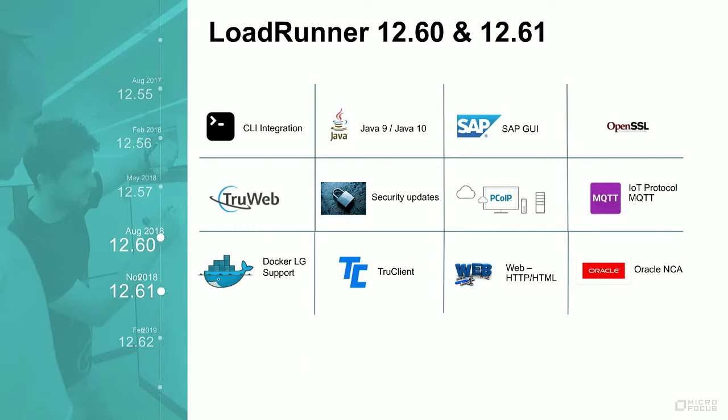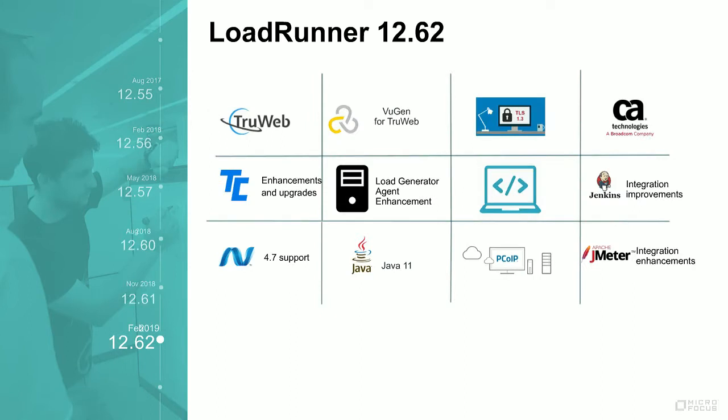So we were really excited about, especially, what the team had done in 1260 and 1261. And this just further shows the momentum we wanted to carry going into 1262. As you know, TrueWeb being a new protocol for us is something that we're really invested in, and we want to continue the energy that we had from August.